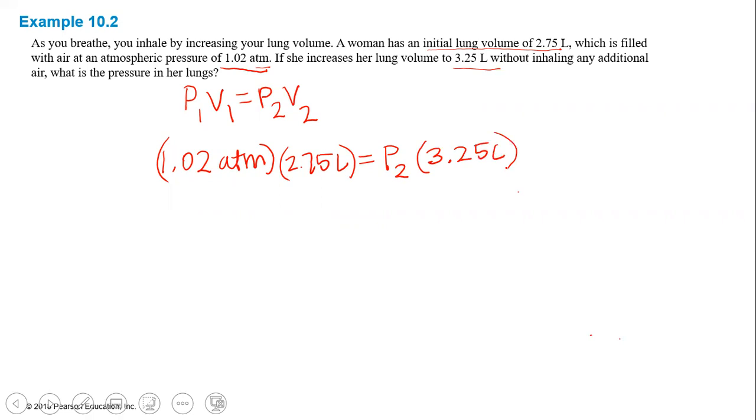All right, so do your math. I'm going to multiply 1.02 times 2.75. Then I'm going to divide both sides by 3.25 liters.